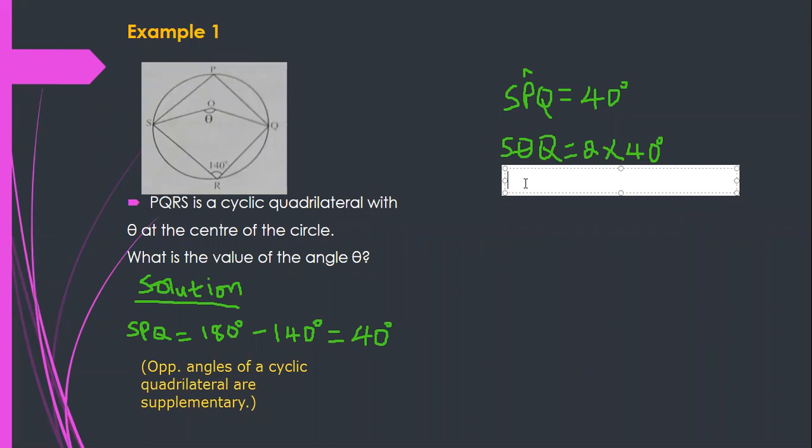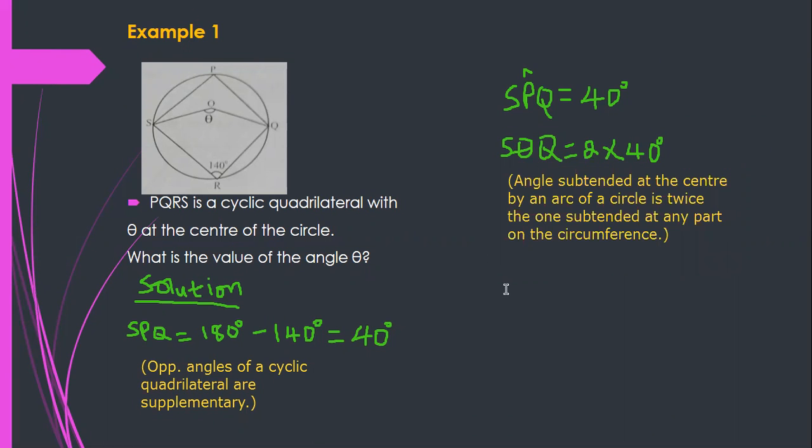So this is a theorem: the angle subtended at the center by an arc of a circle is twice the one subtended at any part on the circumference. So we can now say that our angle at the center is 80 degrees, of course.